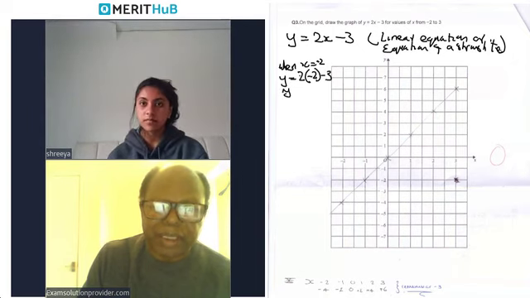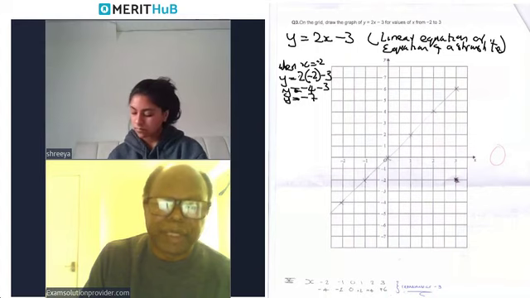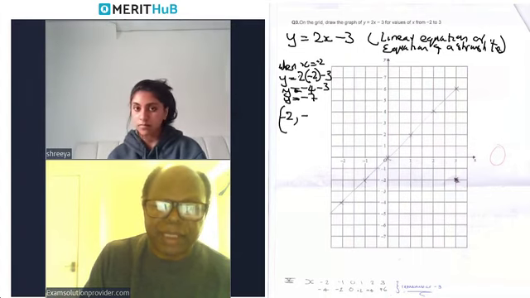So y is going to be 2 times minus 2, which is minus 4, minus 3. Which means y equals minus 7. So this point is minus 2, minus 7.